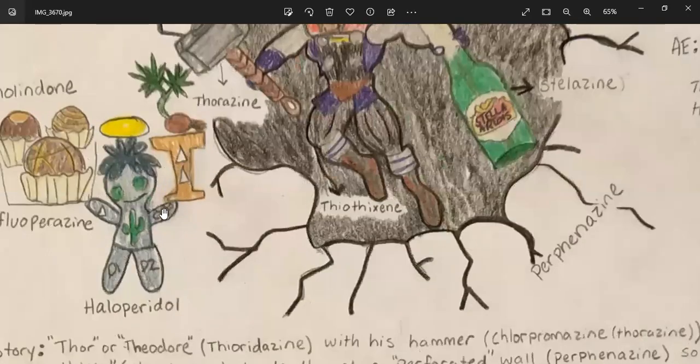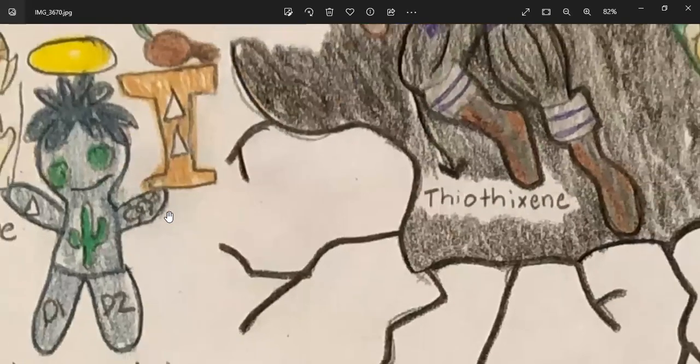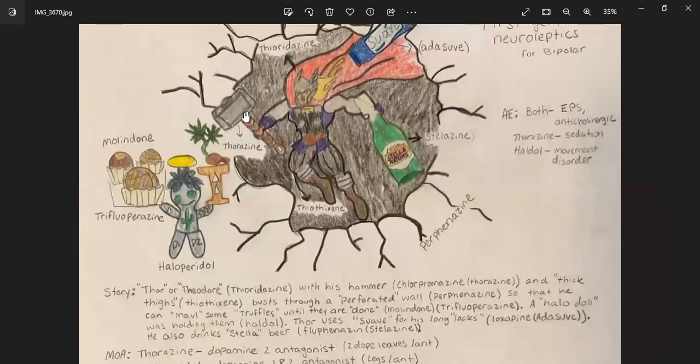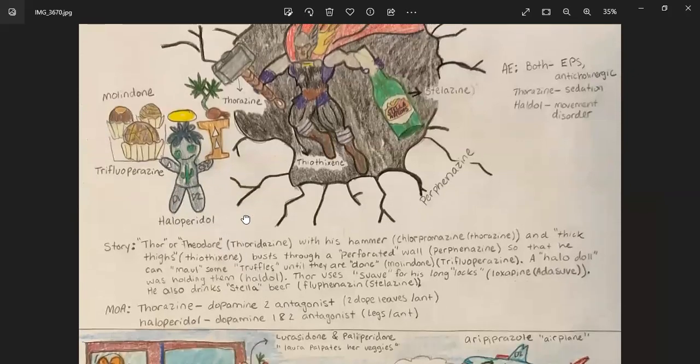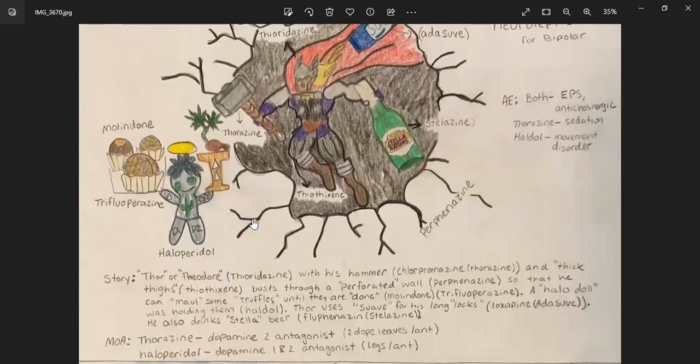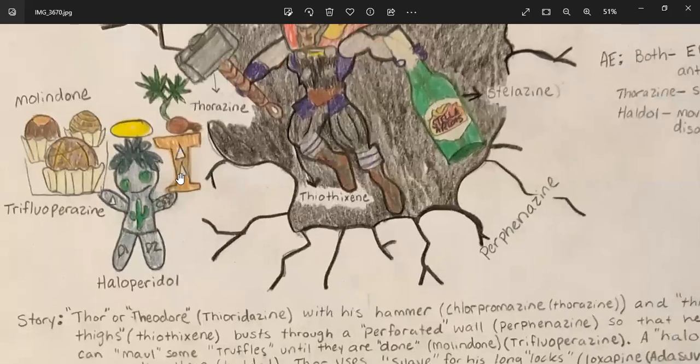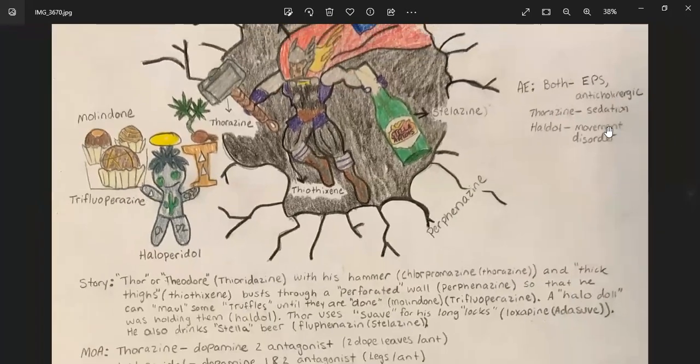And there is a small ant in this picture because both of these, both haloperidol and Thorazine, are antagonists. And then the adverse effects of Thorazine are EPS. So we have our pyramids, extrapyramidal syndrome, and then anticholinergic.